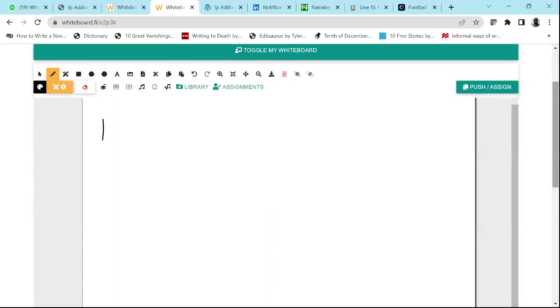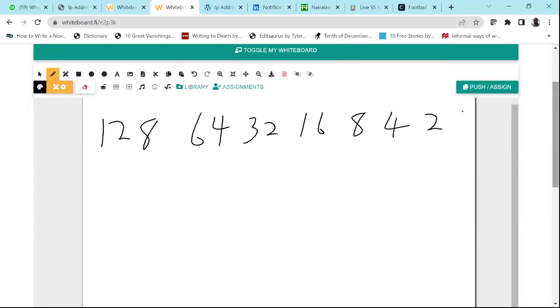This is what you should be concerned with. 128, 64, 32, 16, 8, 4, 2, 1. This corresponds to the 8 bits we have in an octet.